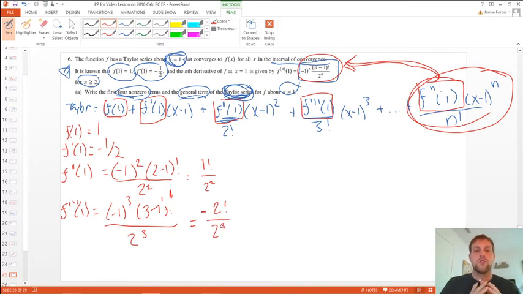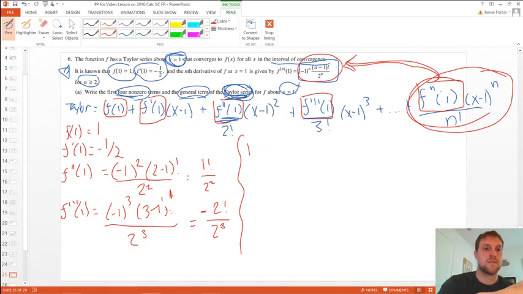Okay. So now, if I want the Taylor series, I'm just going to plug in those red values into that red box, and I have it. Okay. So my Taylor series is equal to f of 1 is 1 plus f prime of 1 is negative 1/2. So I should probably say minus 1/2, okay, x minus 1, and then plus f double prime of 1.